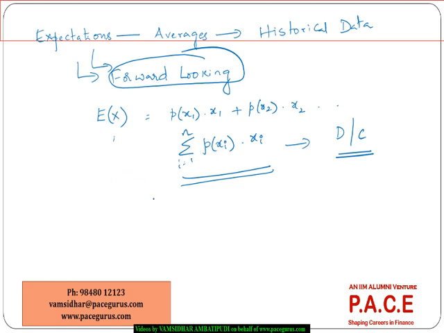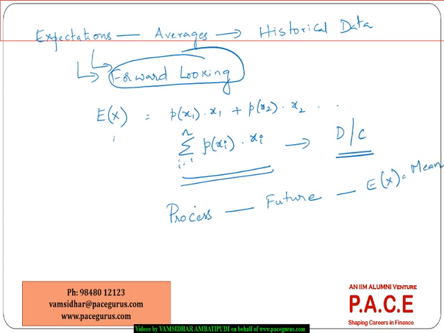If we assume that the historical data is generated by some process and that process is going to remain the same in future, then that is a strong assumption that we are creating. In that scenario the expected value is the same as the mean.